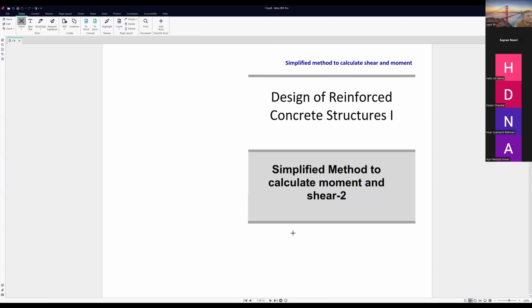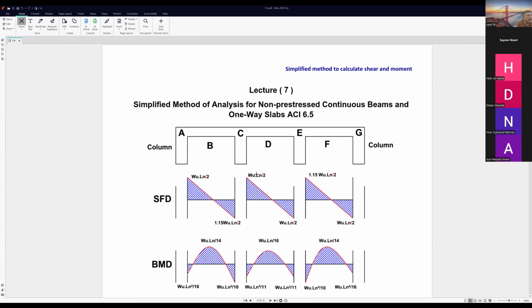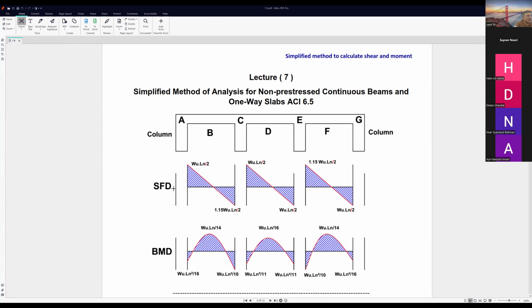I think you are seeing my screen. Okay, so this one. Here we have the simplified method of analysis for non-pre-stressed continuous beam and one-way slab. So here we have column A, B, C, D, E, F, G. What is the shear force diagram?